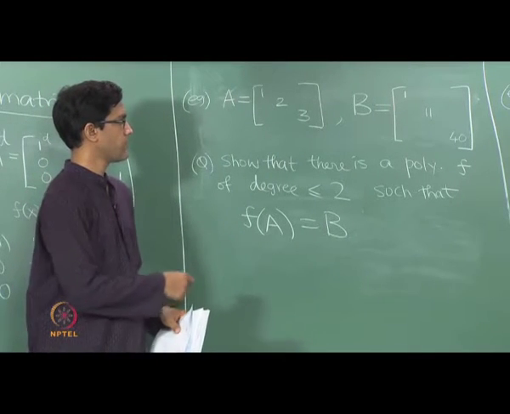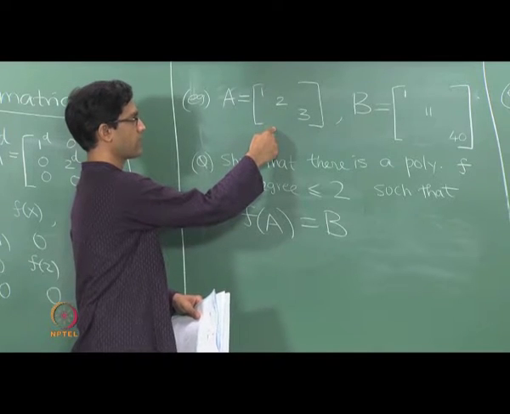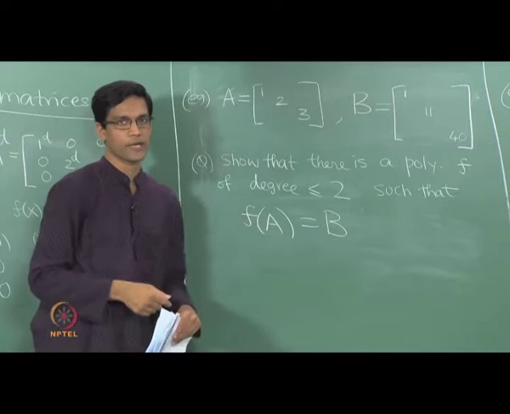Show that by applying a polynomial of degree 2 to this diagonal matrix 1, 2, 3, you can make it into the matrix B that's on the right hand side.